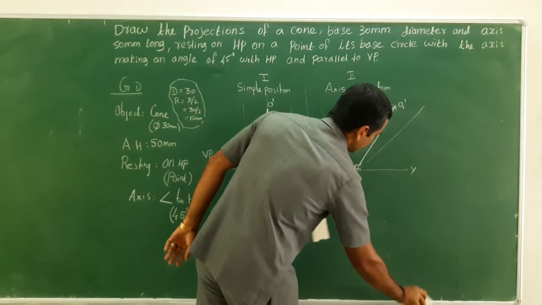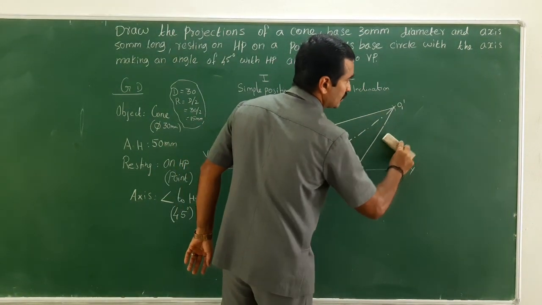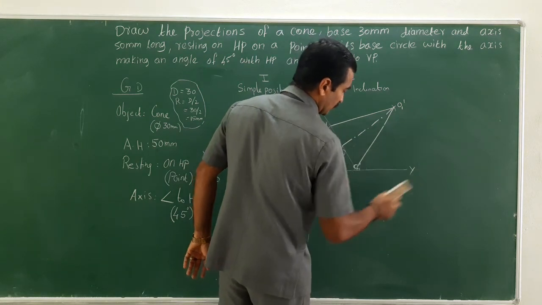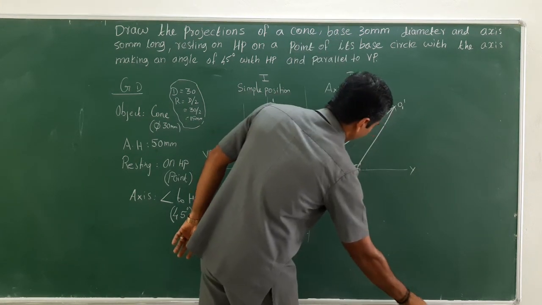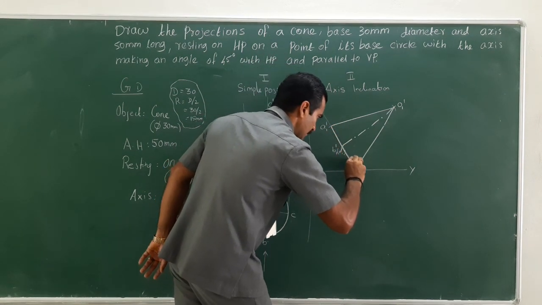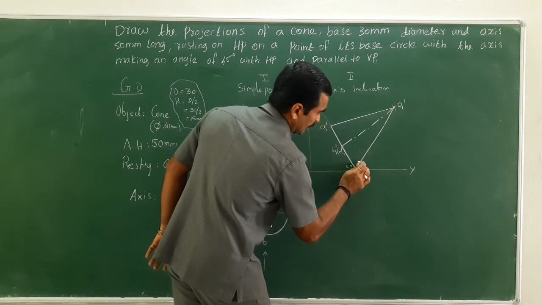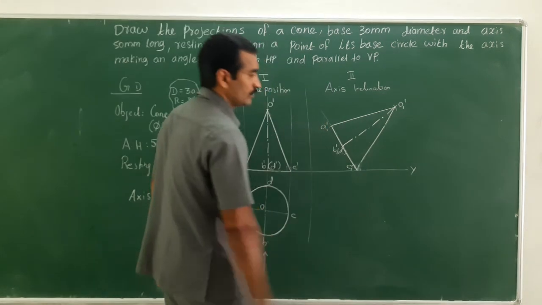This was an imaginary line which can be erased, which is not required, which we assumed, isn't it? Right. So, now the base A, B and O. C is the resting point, right.